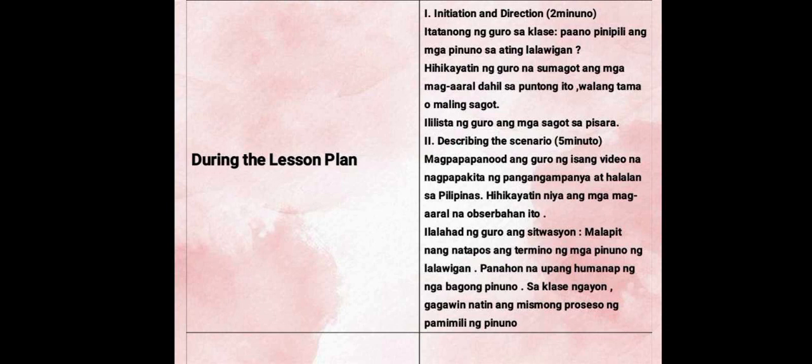Magpapanood ang guro ng isang video na nagpapakita ng pangangampanya at halalan sa Pilipinas. Hihikayatin niya ang mga mag-aaral na obserbahan ito. Ilalahad ng guro ang sitwasyon: malapit nang matapos ang termino ng mga pinuno ng lalawigan. Panahon na upang humanap ng bagong pinuno. Sa klase ngayon, gagawin natin ang mismong proseso ng pamimili ng pinuno.